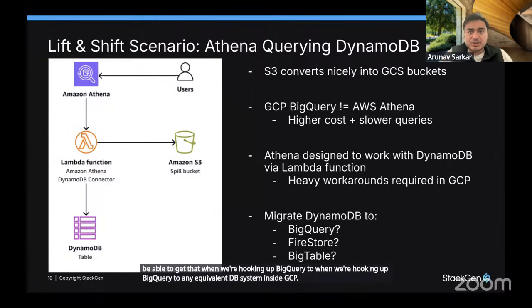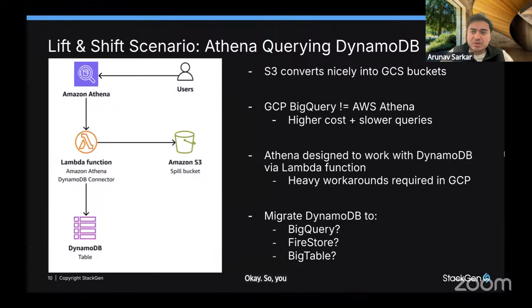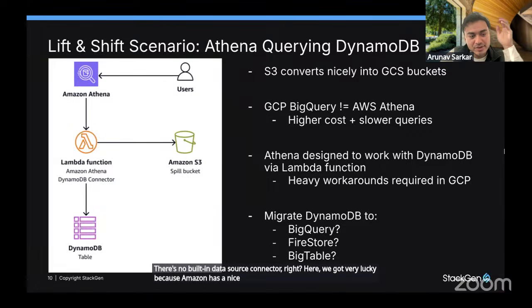Okay, so some other issues are when we look at the GCP setup, right? There's no built-in data source connector, right? Here we got very lucky because Amazon has a nice Lambda connector interface that hooks up Athena to DynamoDB.